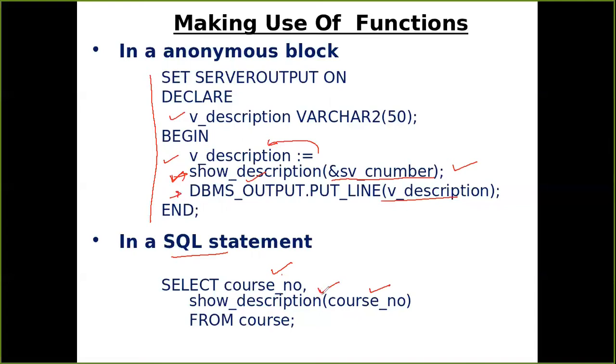The description will be retrieved from the database at runtime for every course number that is passed from this SQL query to this particular method. In this way, you can use your function either in a SQL statement or in some block or program. This way you can write modular programs in PL SQL.